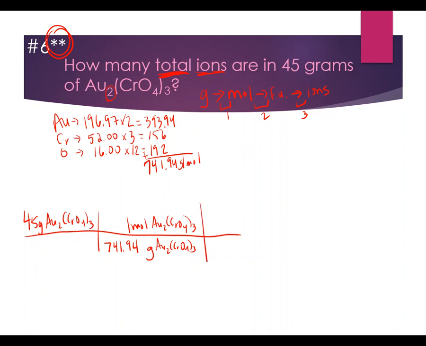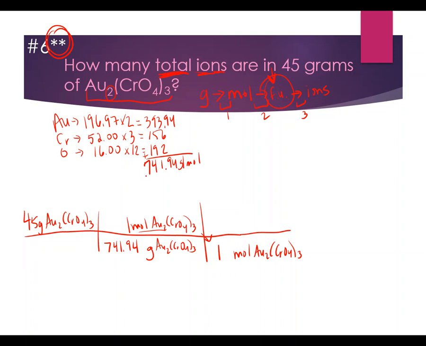Okay, so we're there. Now we've got that molar mass. We're going to take the moles, diagonal them down, Au2(CrO4)3, and we're going to formula units. What is the number for formula units again? It's a type of particle. How many of these particles?